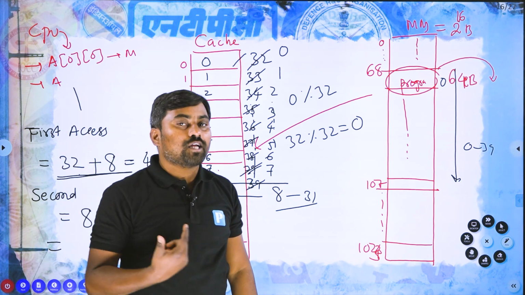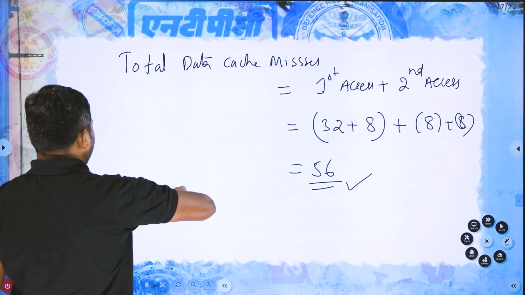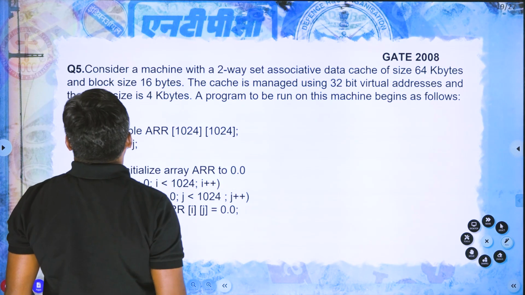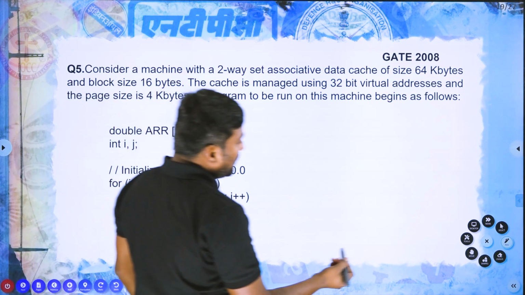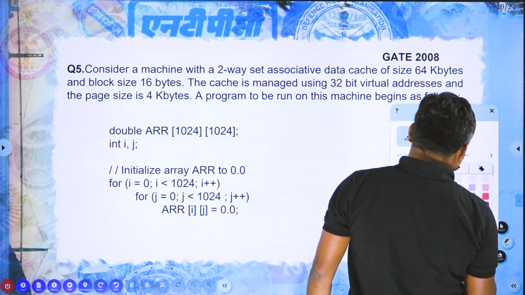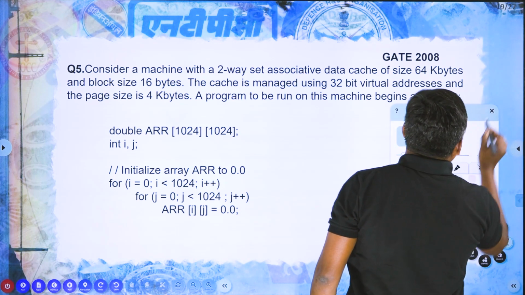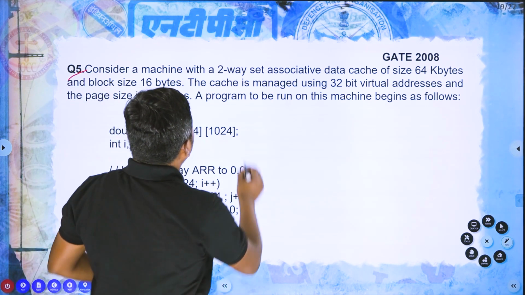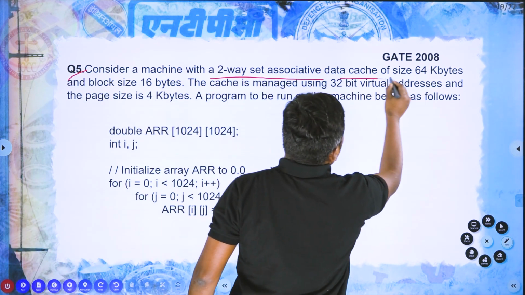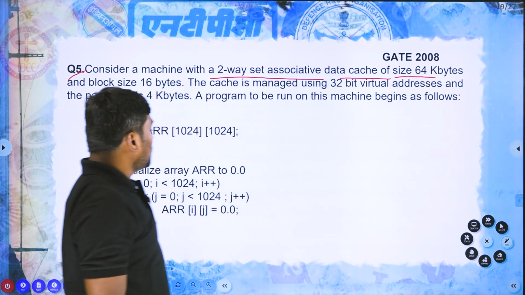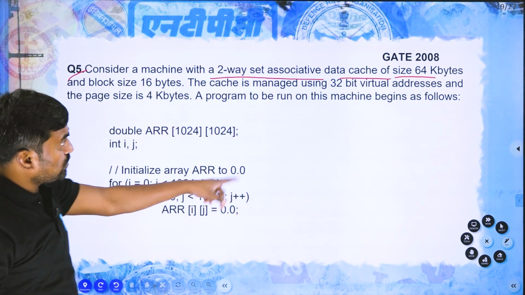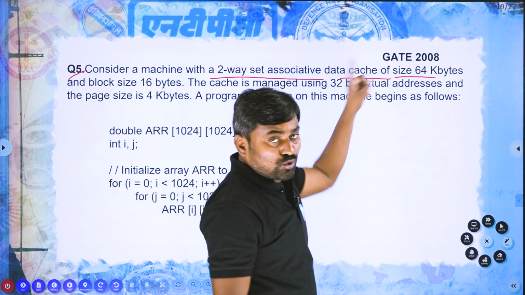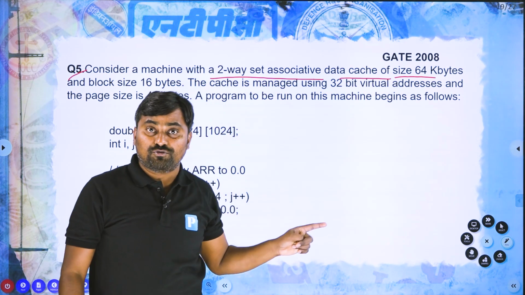So look into another type of question here. Look, question number 5. This is a little interesting question. Please understand clearly. Consider a machine with a two-way set associative data cache of size 64 kilobytes. This is a lengthy question. This question was framed in GATE CSE 2008 for 6 marks.